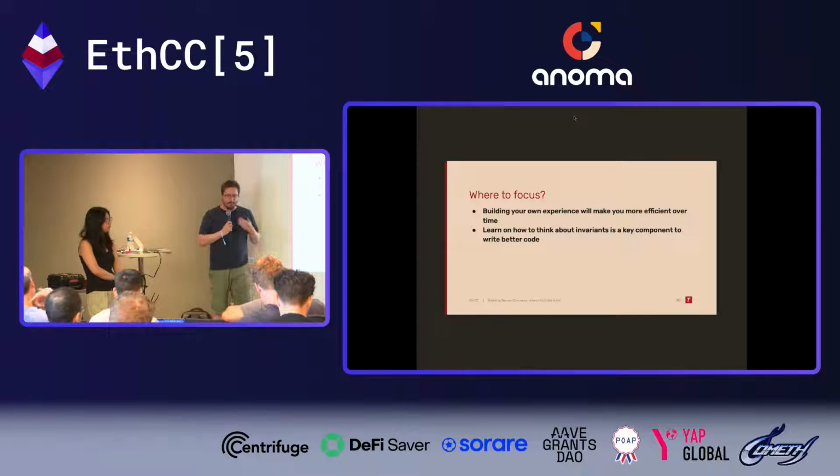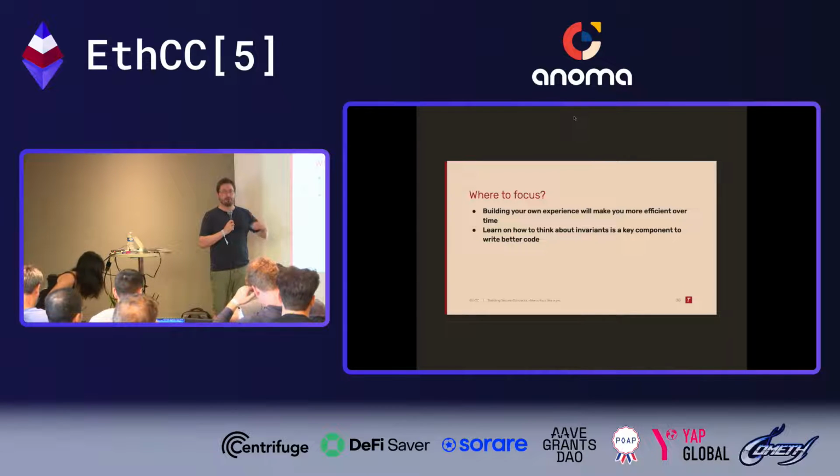And from our experience, even if you don't use Echidna at all, if you just stay at the English level and write your invariants as a list of 20, 30, 40 things that the system should do, it will already help you. It's already going to be a huge step forward with respect to the maturity of your code base.